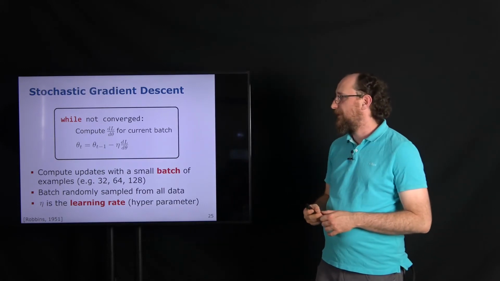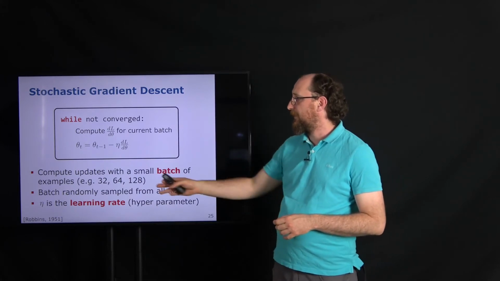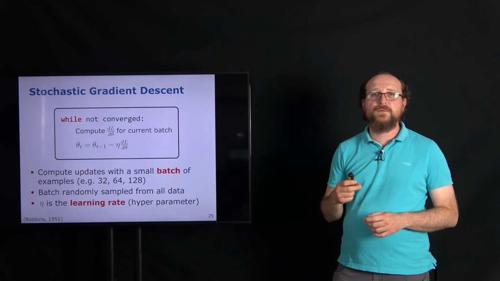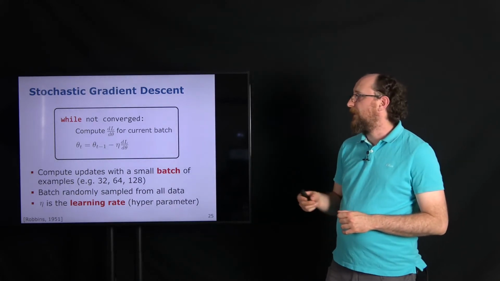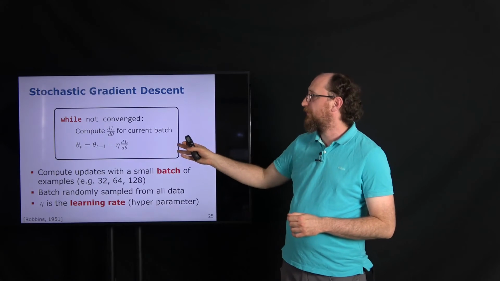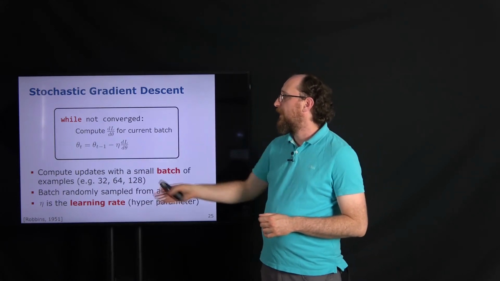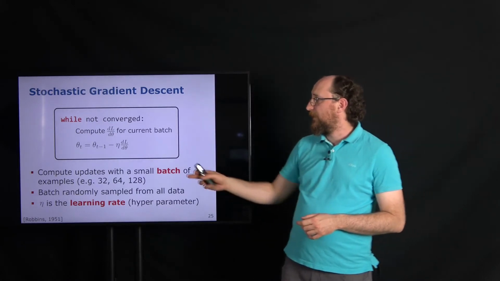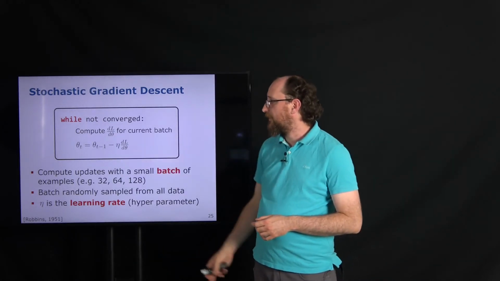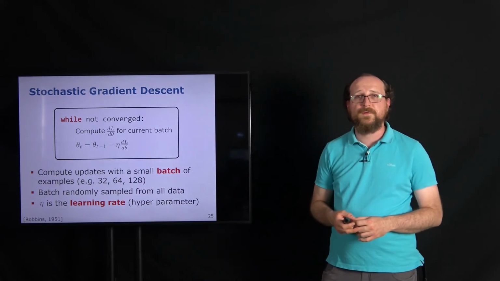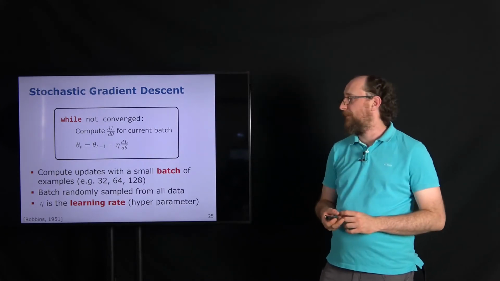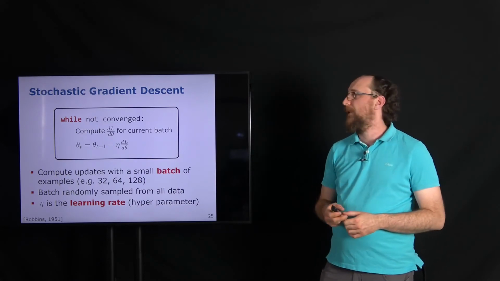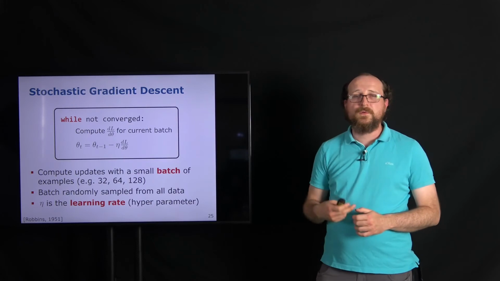In this case, when we have images, maybe 32, 64, or 128 images for which we are computing the gradient. And then when we have computed the gradient for the batch, we are just updating as before the parameters by going in the negative gradient direction. And as before, the eta is the learning rate, which is a hyperparameter that we have to choose in a way that we make fast progress, but as noted before, we maybe don't want to overshoot in the end.